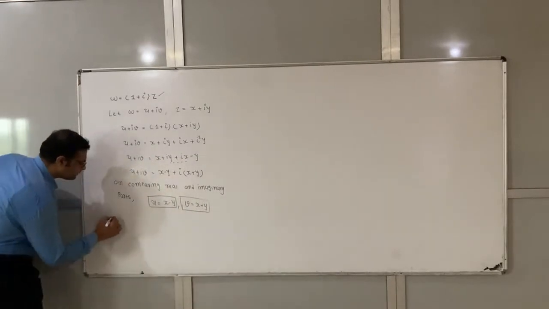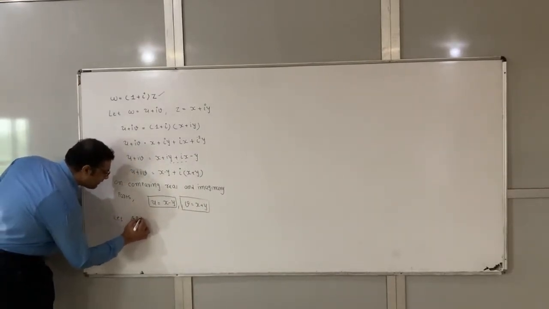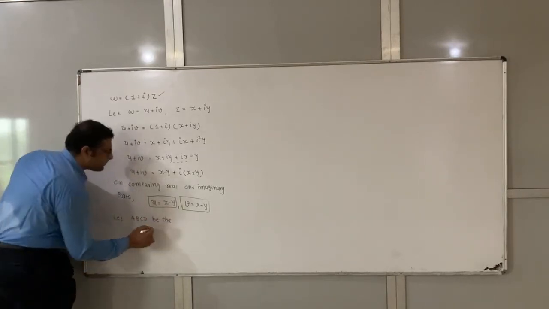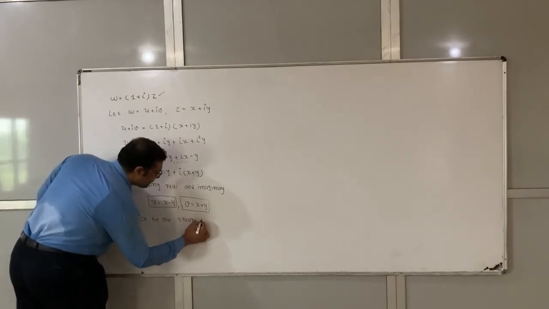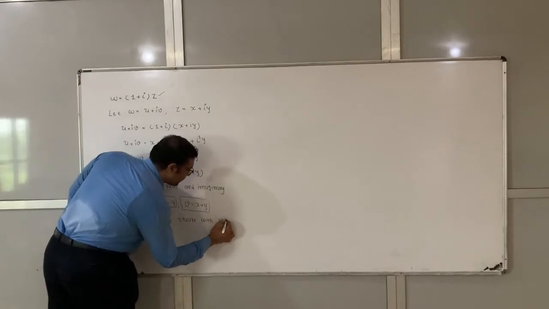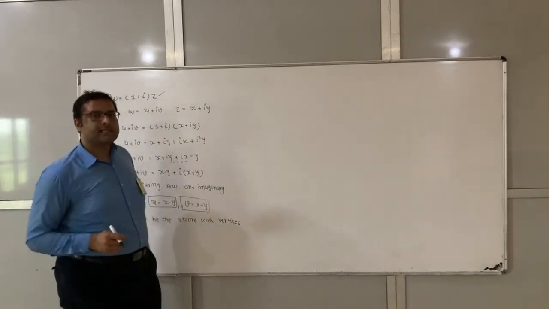Let A, B, C, D be the square with vertices. So now in this example four vertices are given.